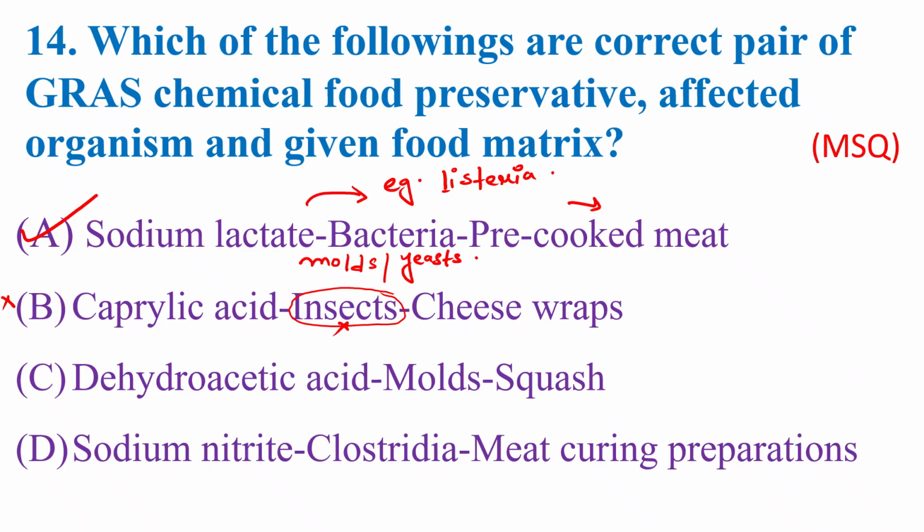It is commonly used in baked goods, cheese, and so on. Sodium nitrite, Clostridia, meat curing preparations. So sodium nitrite will prevent Clostridium botulinum, a bacteria which will grow in cured meats, say bacon or ham. So this is also correct. So over here my correct options are option number A and option number B.